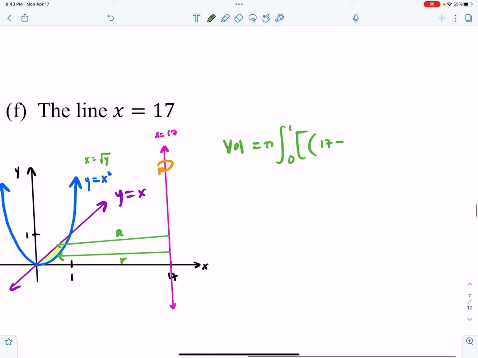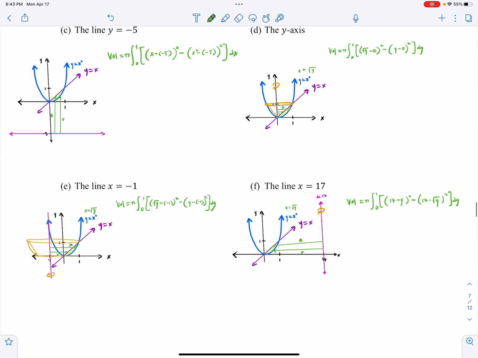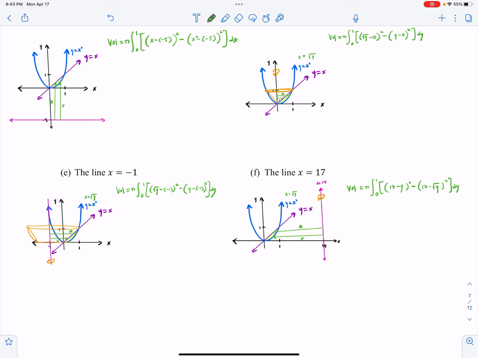So it'll be 17 minus, x squared, not x, y. 17 minus y, I'm sorry, you guys, I'm tired. (17 minus y) squared minus (17 minus the square root of y) squared, dy. Sorry, you guys, hopefully you didn't pause it and then watch it and see my mistake. Okay, I think that's correct.